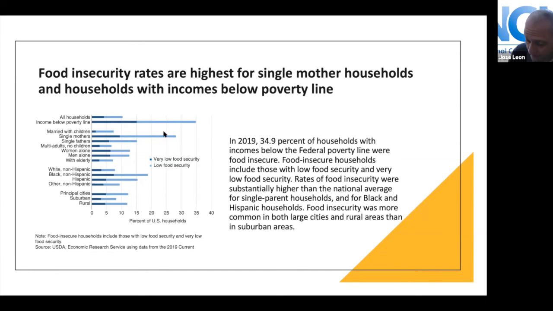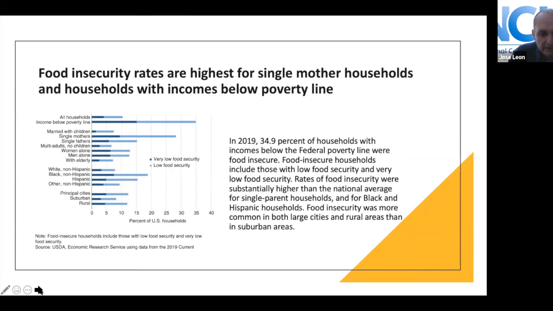And it's about the same for other populations. People experiencing homelessness have exactly the same social determinants of health, as well as migrant and agricultural workers.